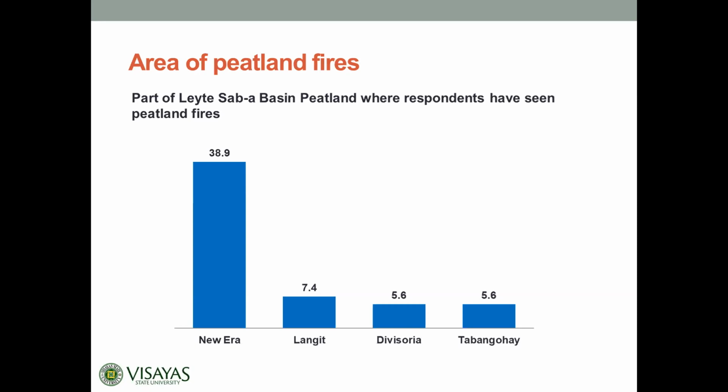And this is a community of a religious group. It's a big religious group. And then we were just quite glad because the result of the study told us that only 5.6% of the 54 respondents reported that they have observed peatland fires somewhere in Tabanguhay.